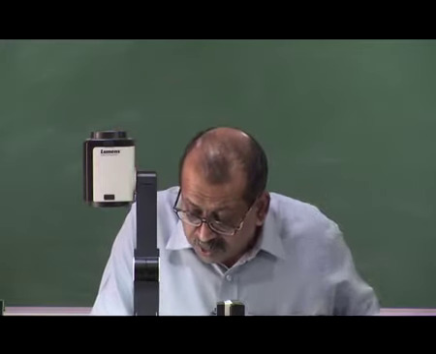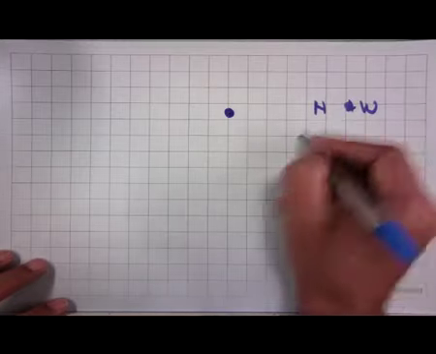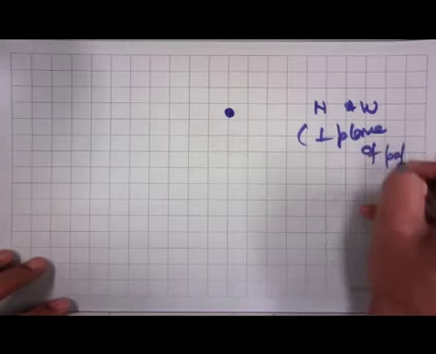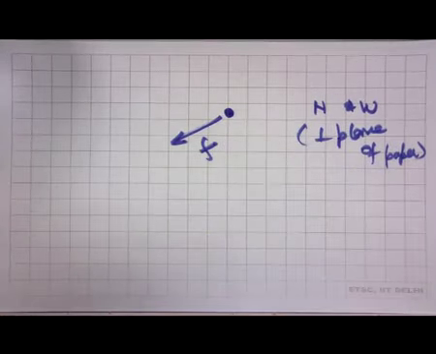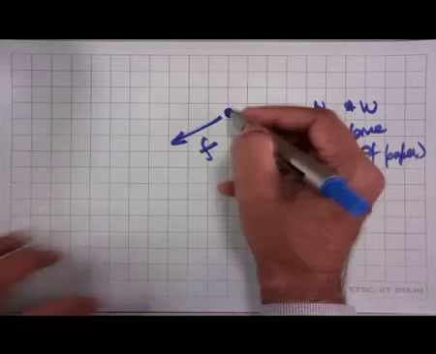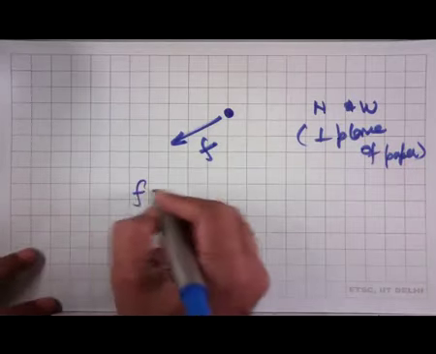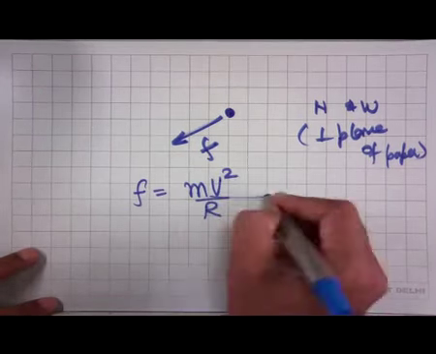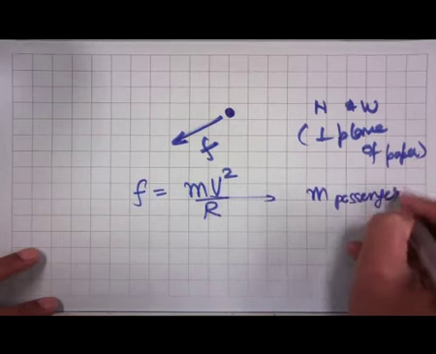So, in the free body diagram of the passenger, there will be n and w perpendicular to the plane of the paper, and there is a friction force. These are the 3 external forces acting on the passenger, and this friction force has to be equal to mv square upon r, where m is the mass of the passenger.